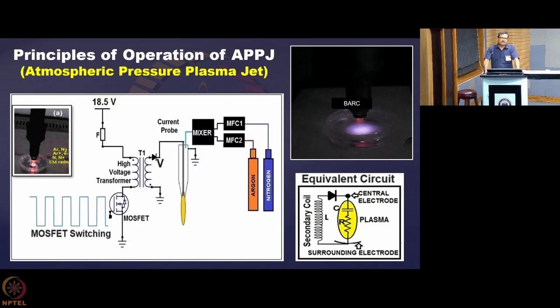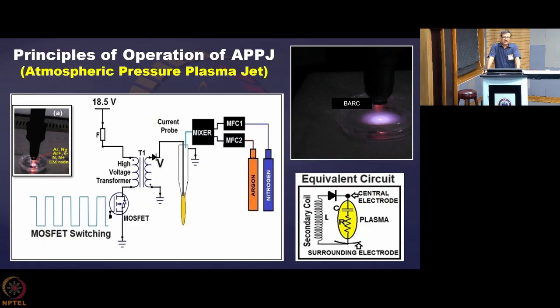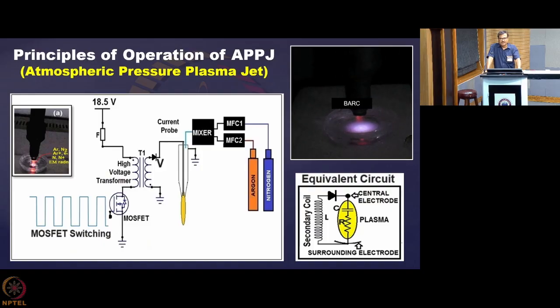I will explain to you the basic principles of operation of these non-thermal plasma sources. The first one that I will explain is called APPJ, that is atmospheric pressure plasma jet.